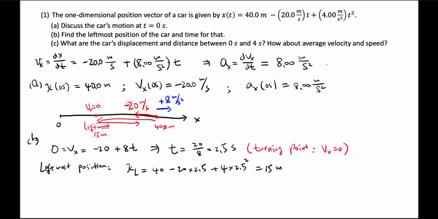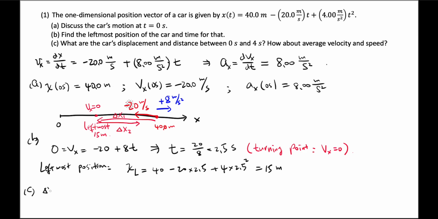Okay, so let me call the first movement delta x1, the second displacement delta x2. So delta x1 is the displacement from the initial position to the leftmost position. Delta x2 is from the leftmost position to the final position. Okay, so I can write this down. That's for answering question C. I forgot to mention that.